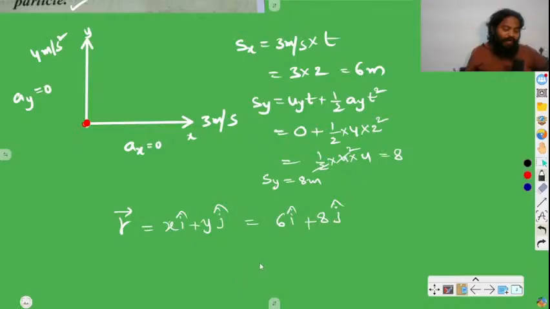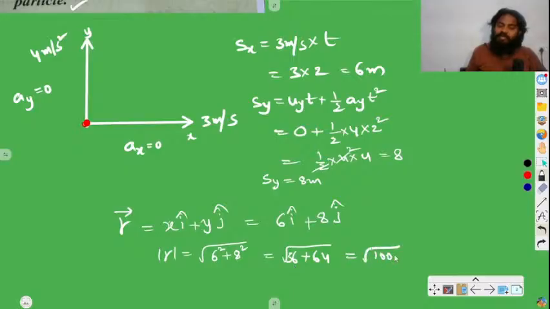Now if you want to find the magnitude, the magnitude is equal to root of 6 square plus 8 square. So 6 sixes are 36, right? And 8 eights are 64. Then 36 plus 64 is 100, root of 100 is equal to 10, right? So 10 meters is the displacement of the particle.